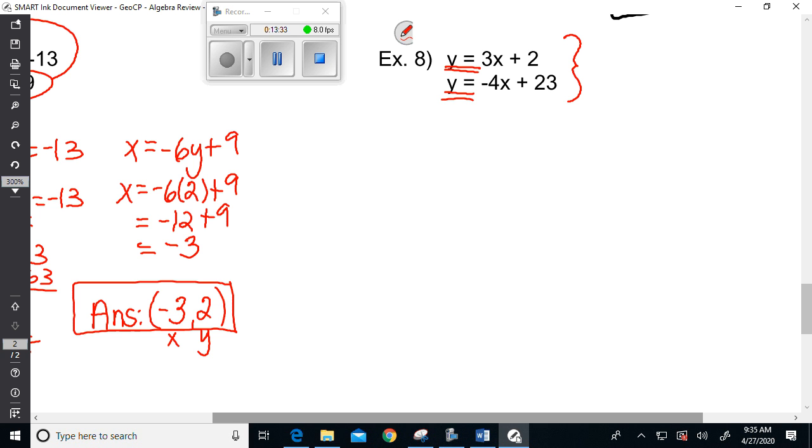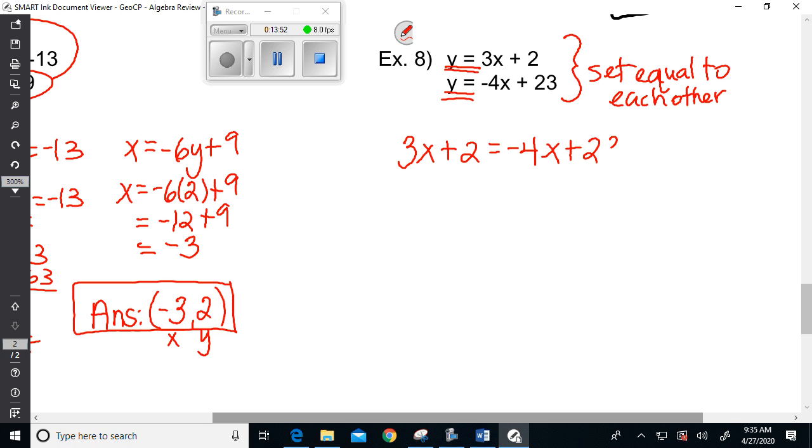So when that situation happens, you can set them equal to each other. So this becomes 3x plus 2 equals negative 4x plus 23.